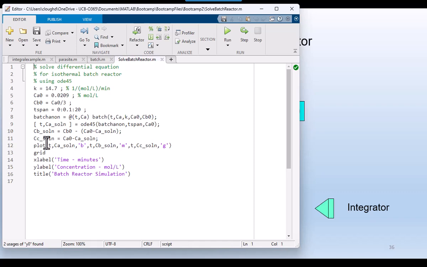So then we call ODE45, and the results are the T values in T-span and the corresponding concentrations for each one of those T values. And here we put in our anonymous function, T-span, and the initial condition for A.